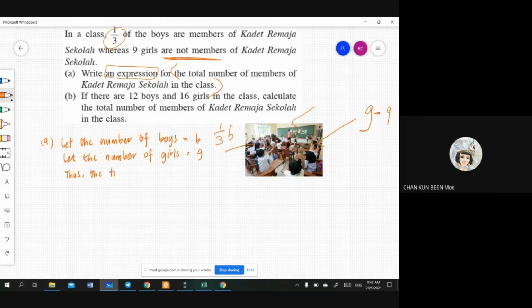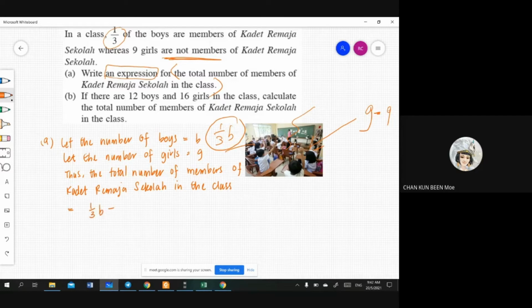The total number of members of Cadet Remaja Sekolah in the class is equal to, so we know the total is the boy, right? 1/3 B plus the girl over here that is Cadet Remaja is G, then you minus 9.